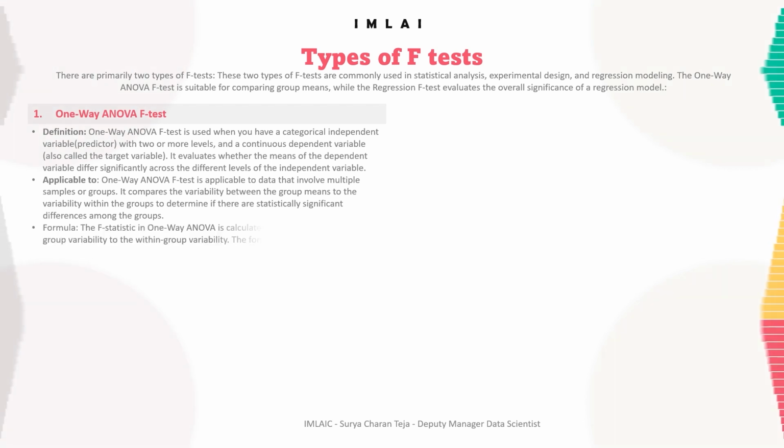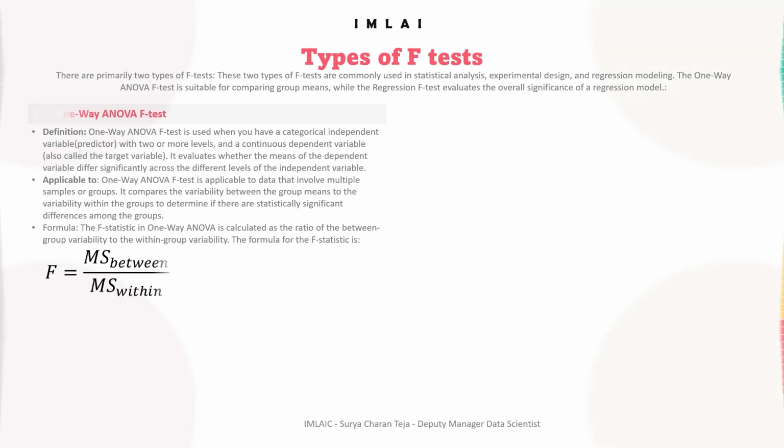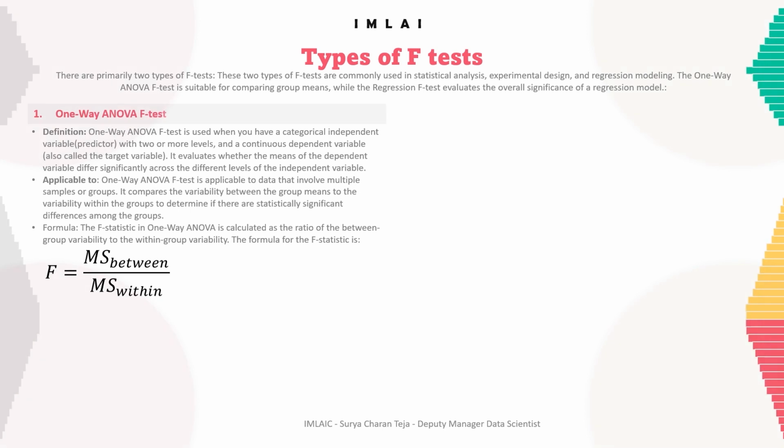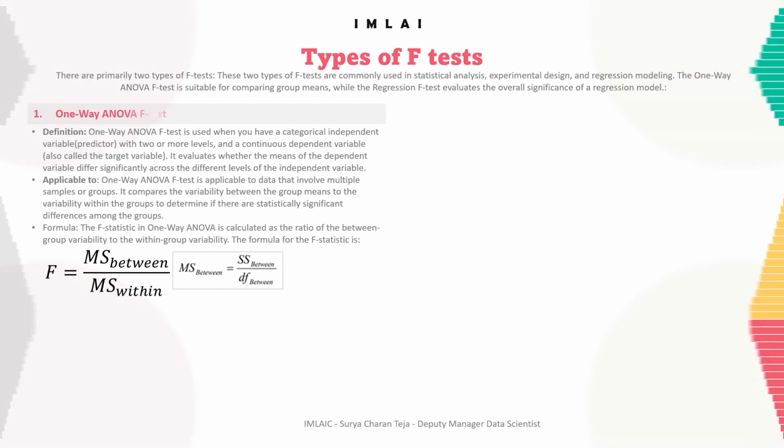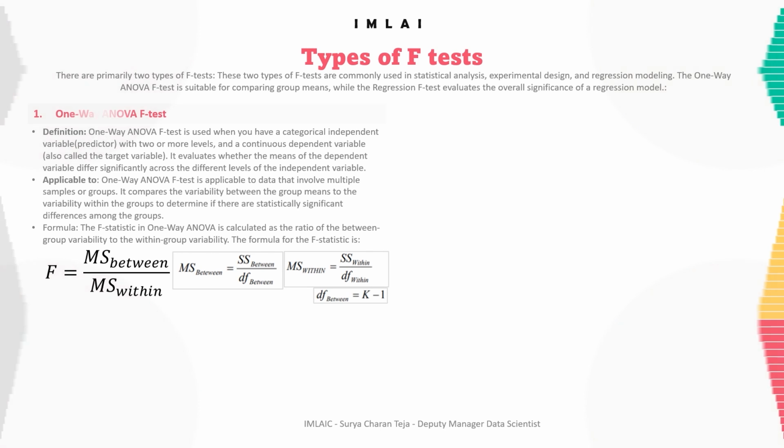So the formula for the F statistic is mean squares between divided by mean squares within. Mean square between is sum of squares between divided by degrees of freedom between, and mean square within is sum of squares within divided by degrees of freedom within.